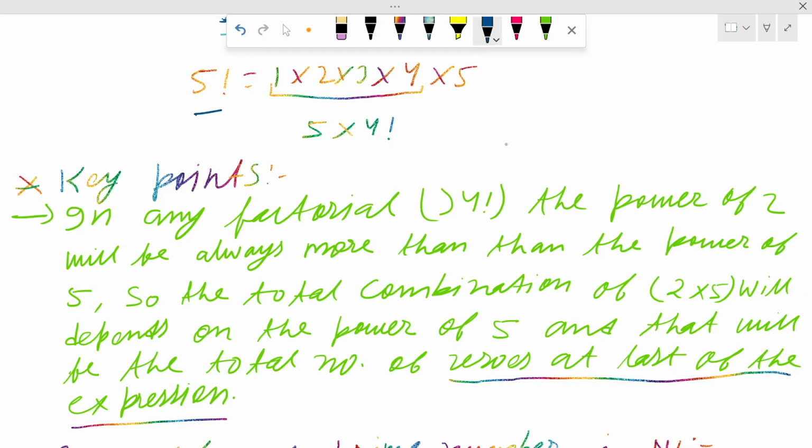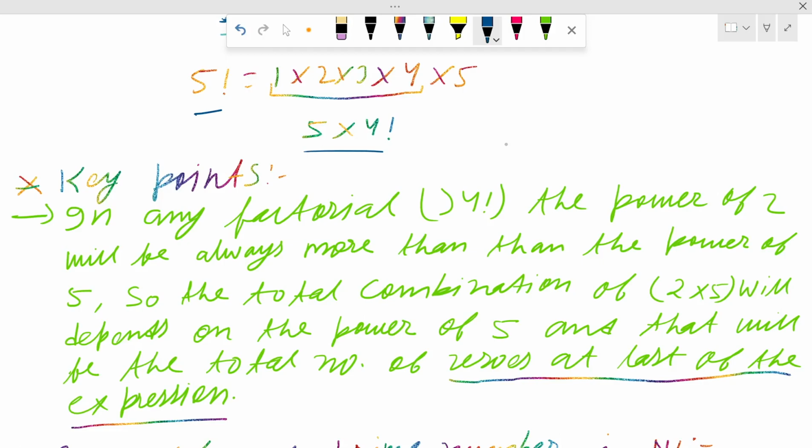5 factorial is 1 into 2 into 3 into 4 into 5, which is 5 into 4 factorial. One key point to remember: in any factorial greater than 4 factorial, the power of 2 will always be more than the power of 5.